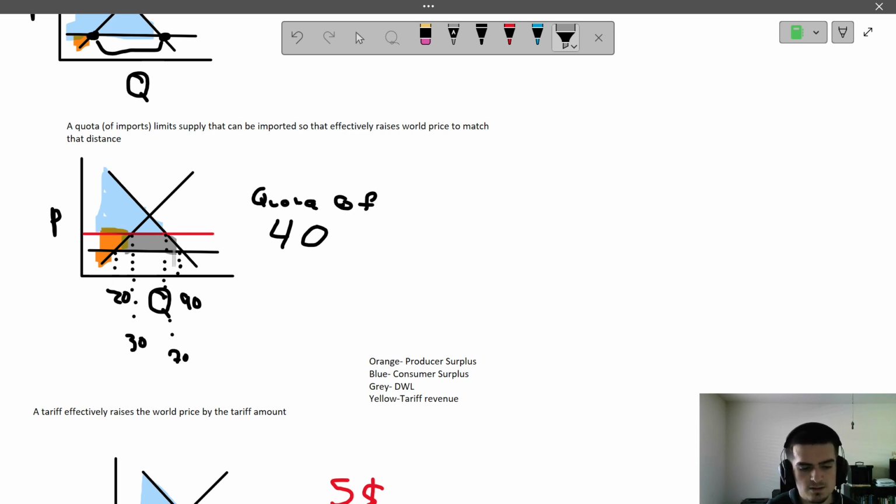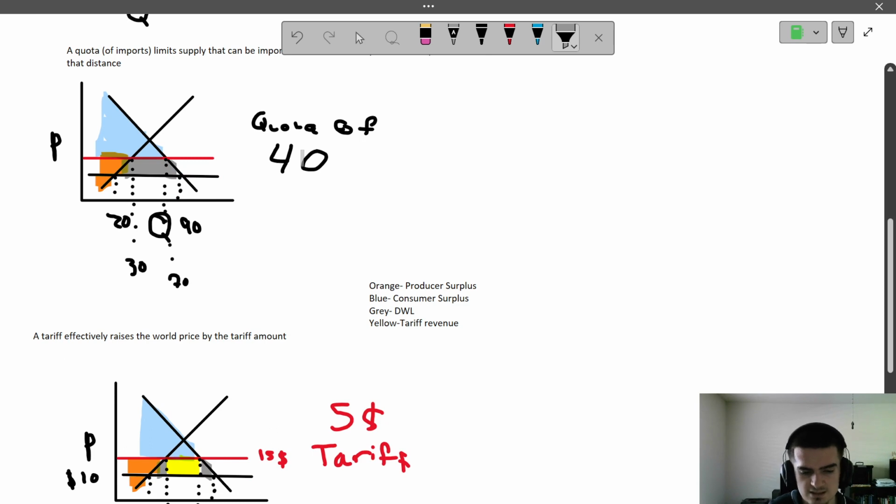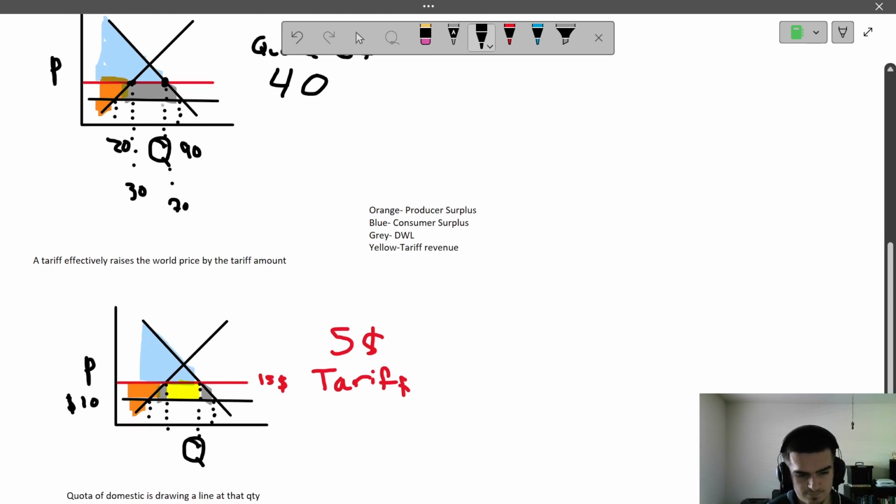So they'd import 70 to make up for it. But now with a quota of 40, saying that we can only import 40 of that thing, all of a sudden we're going to have more local producers. So maybe 30 of that thing produced locally, and they demand 70 of it, so we import the 40. And then that's what our deadweight loss would look like, that area between the world price and the tariff.